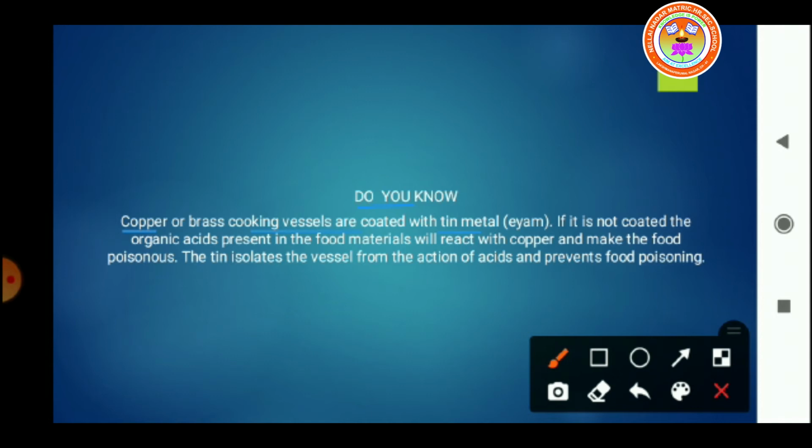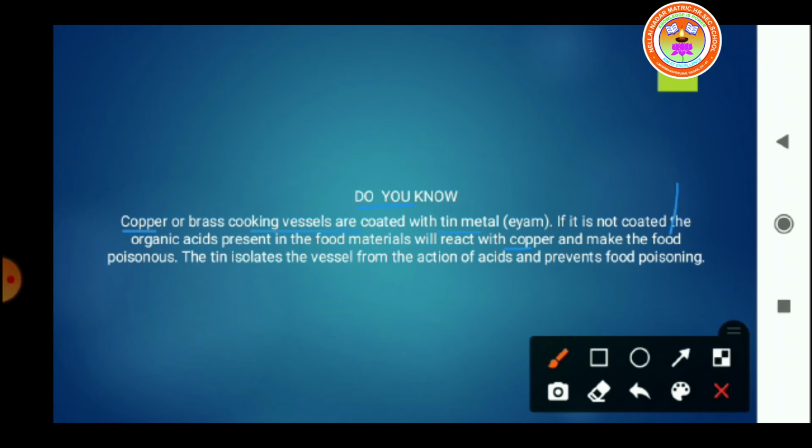If it is not coated, the organic acid present in the food material will react. Already we know that, isn't it? Where is this organic acid present? Organic acids are present naturally in fruits and vegetables, isn't it, students? That's why organic acids present in food material will react with the copper.